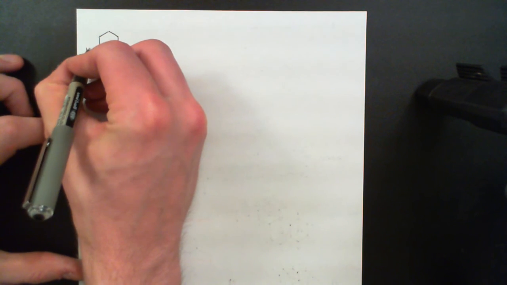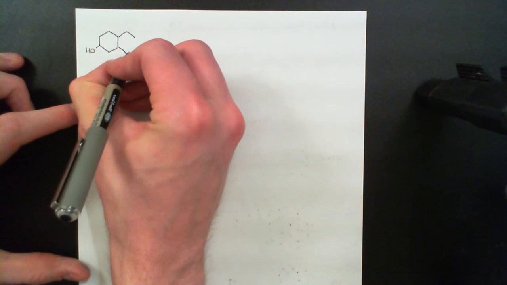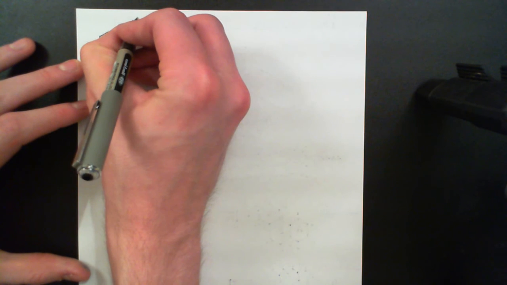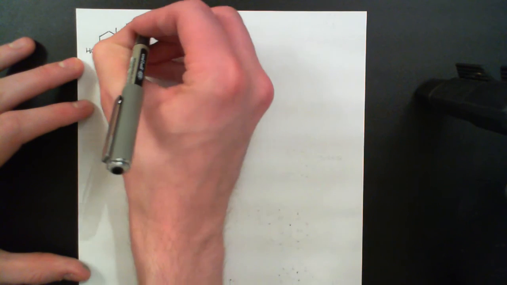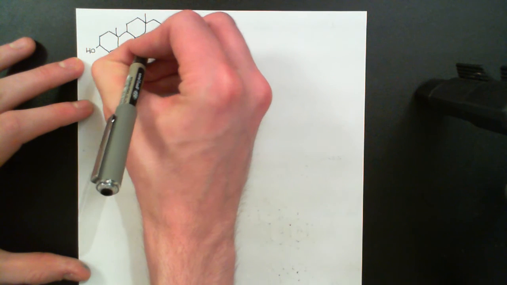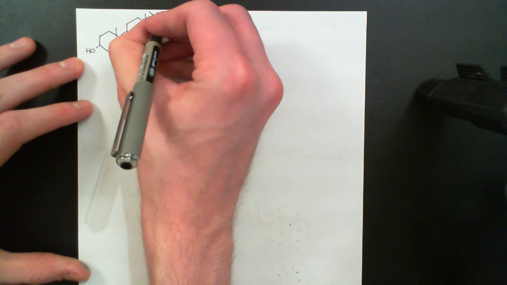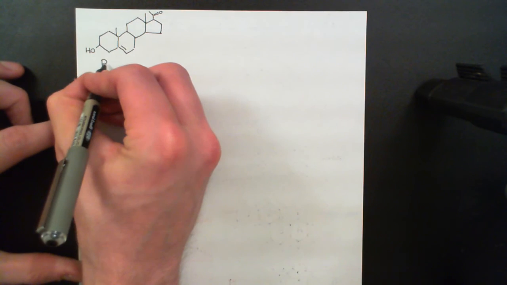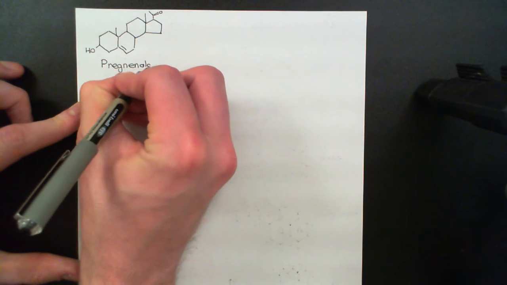We've got the alcohol group still coming off carbon number 3 here, here's ring B, here is ring C. We'll have the methyl group coming off carbon 10, the methyl group coming off carbon 13. And here is ring D, and then we've got this modified sidechain now coming off carbon 17. So this, I'll remind you, is the steroid or sterol pregnenolone.